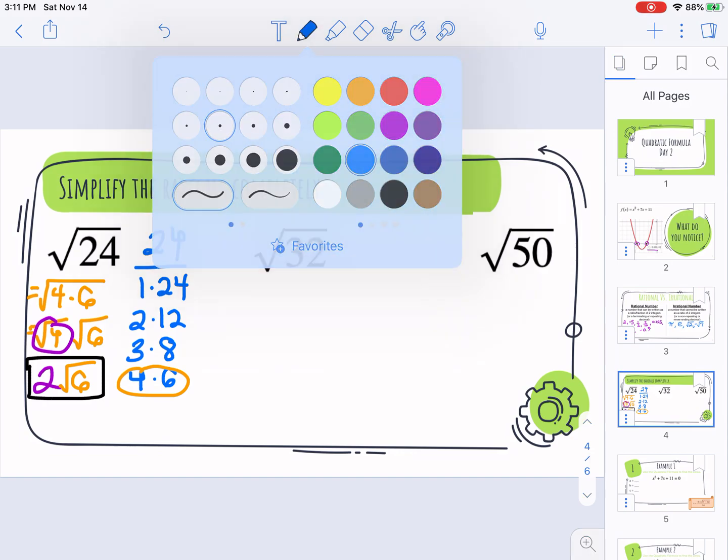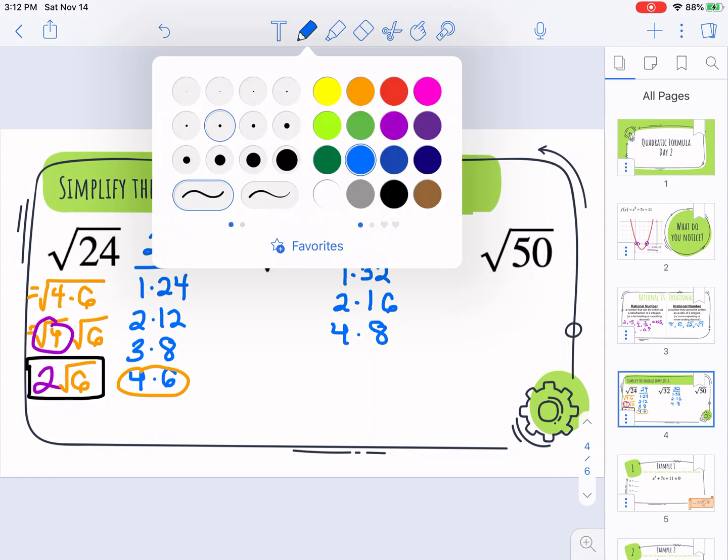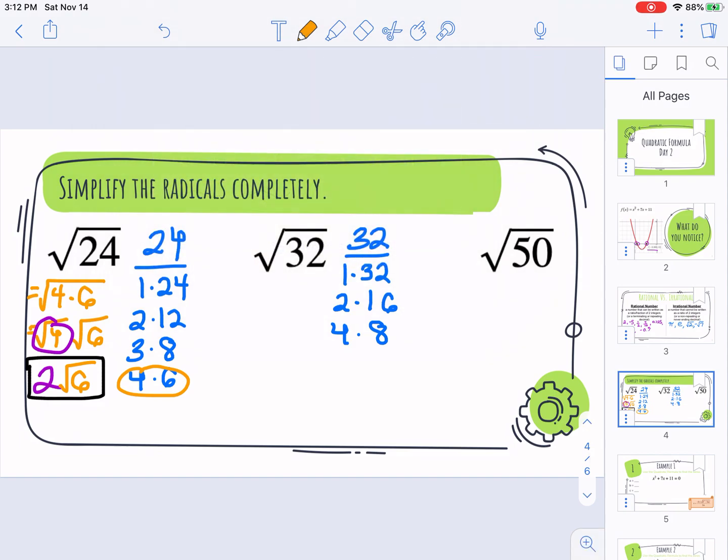If I take square root of 32 and I try to find the factors of 32, I have 1 times 32, 2 times 16, and 4 times 8. I see two perfect squares, 4 and 16. Because we want to simplify completely, you want to choose the largest perfect square. So I'm going to choose the pair 2 and 16.